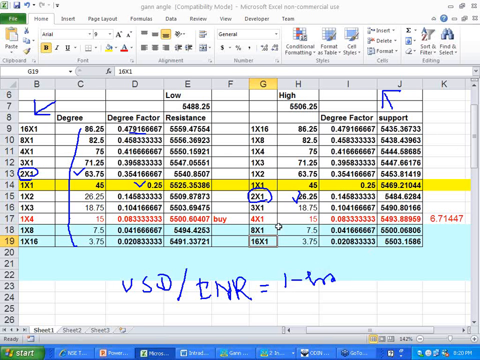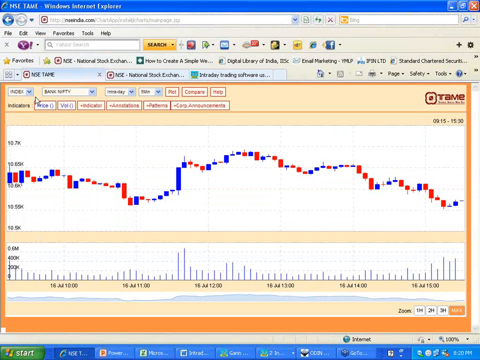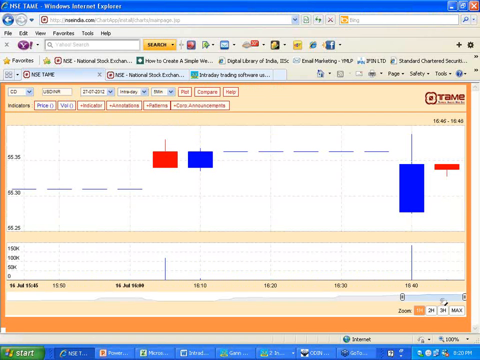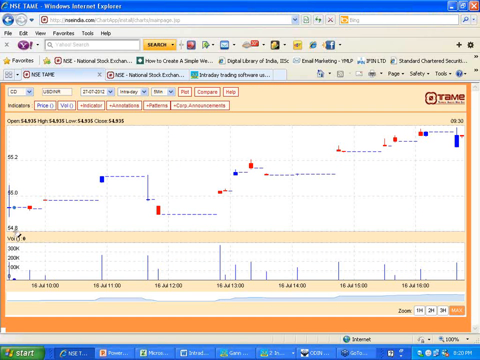I will show you that data also. So trailing 1 hour data, currency future USD INR, 5-minute bars I have taken. So we have to backtest it. This is the 9 o'clock opening, and 9 to 10 we have taken as the trailing 1 hour.